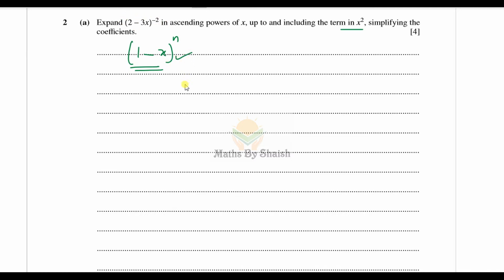We'll take 2 common, and then we get 1 minus 3 over 2x whole to the power minus 2, which can be written as 2 raised to the power minus 2 by the property of indices, times 1 minus 3 by 2x to the power minus 2, or it can be written as 1 over 4 times this.